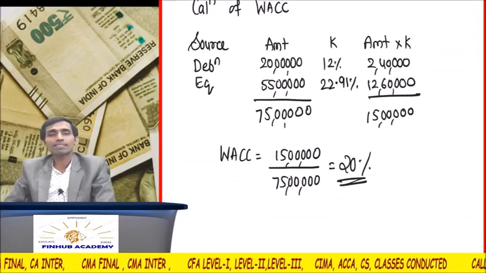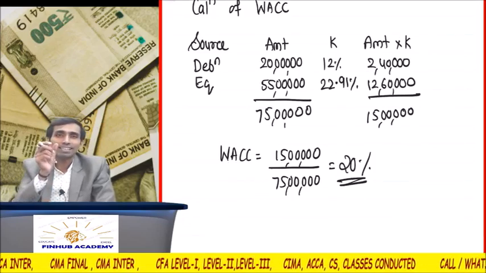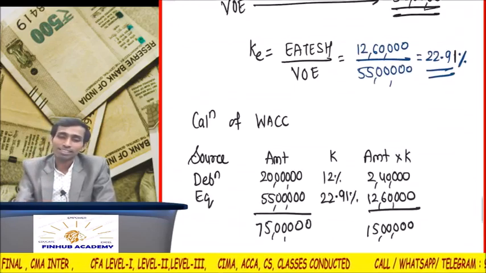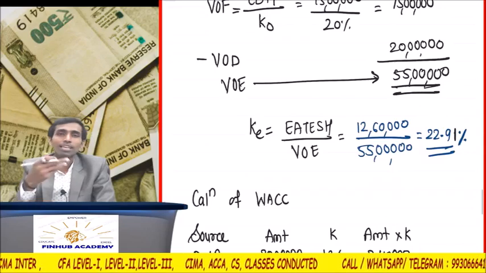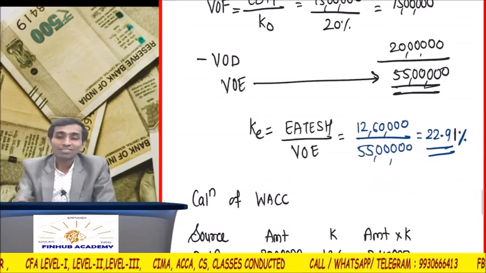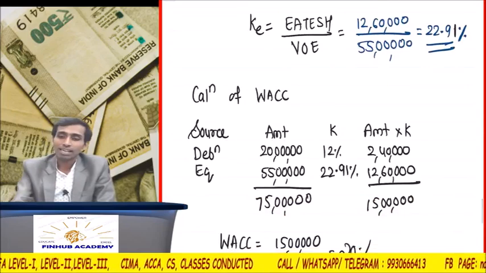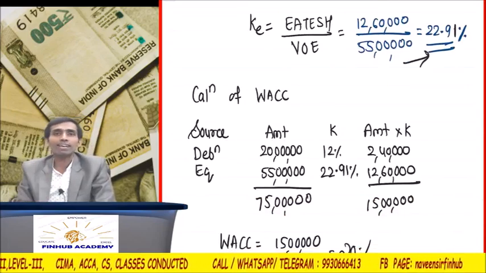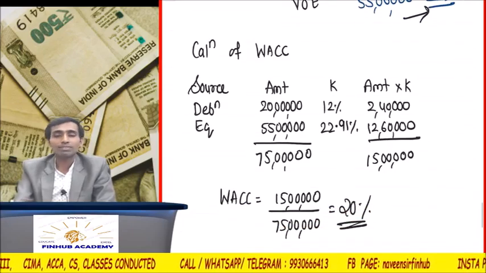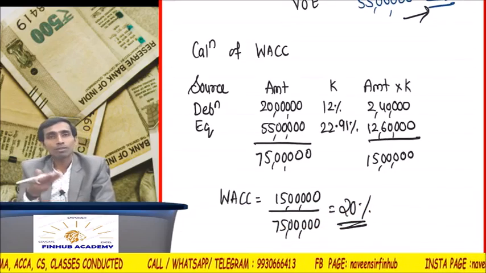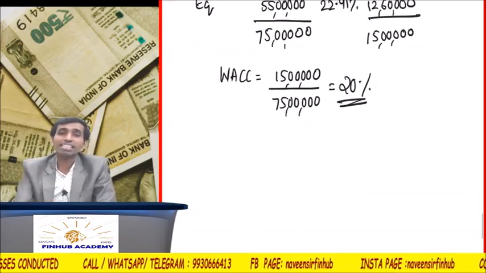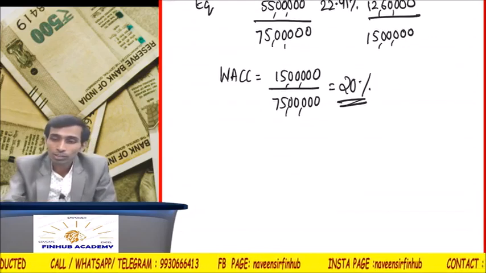What she means to say is, sir, you calculated the debt amount with the percentage. Here, above, I calculated the value of firm, then value of debt, value of equity. Again I am multiplying this with this and adding the value of debt, so ultimately it gives the same value of firm, same cost. Correct? Done.